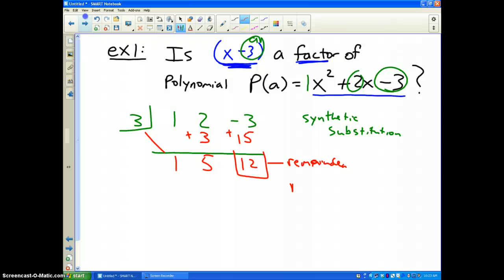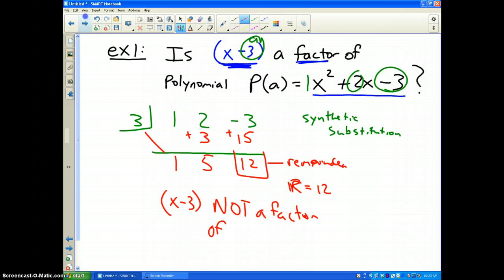Since our remainder is equal to 12, then I know that x minus 3 is not a factor of our polynomial x squared plus 2x minus 3. It is not a factor because this number right there is not 0.